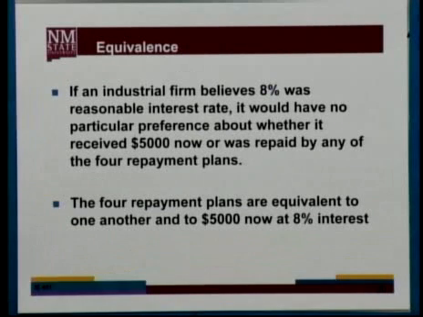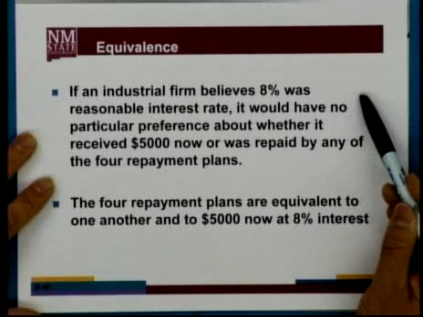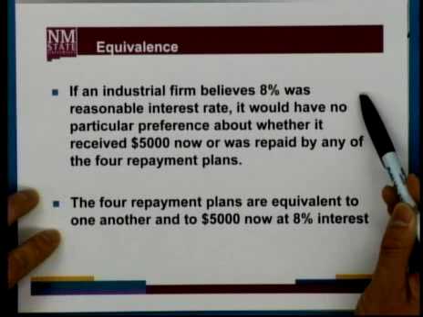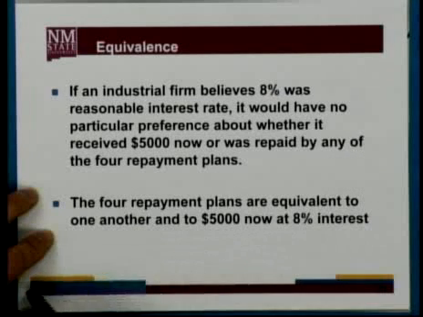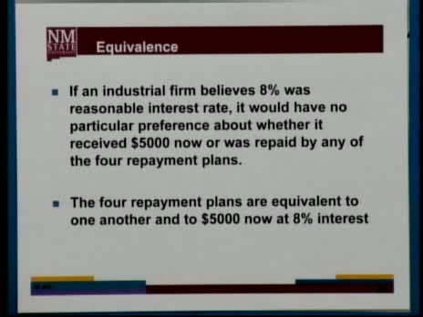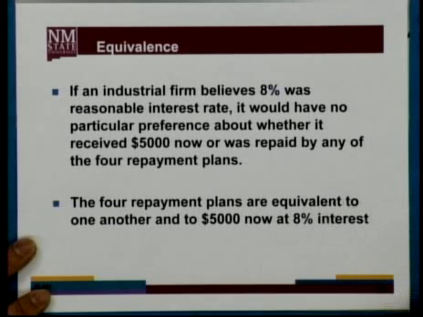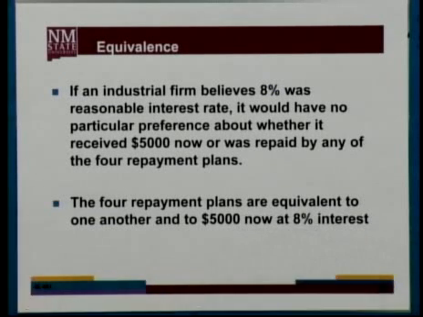So if a firm believes 8% was reasonable, it would have no preference about whether it received $5,000 right now or was paid by any of the 4 repayment plans. All 4 repayment plans are equivalent to each other and to $5,000 now at 8% interest rate.